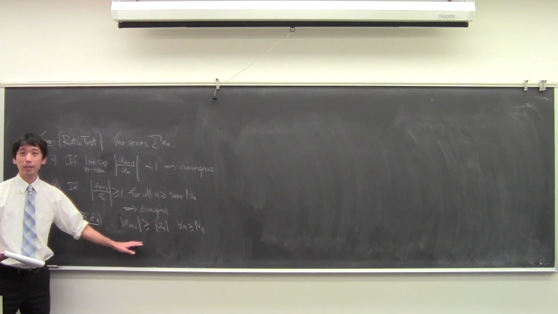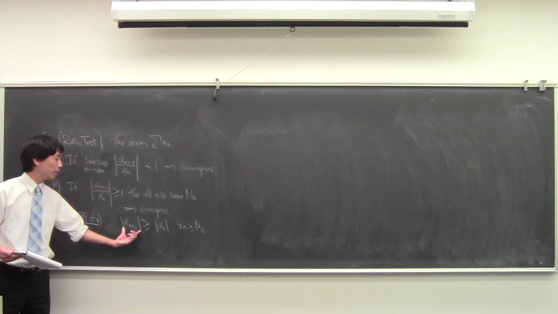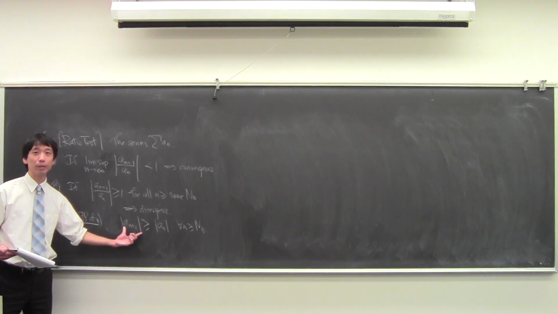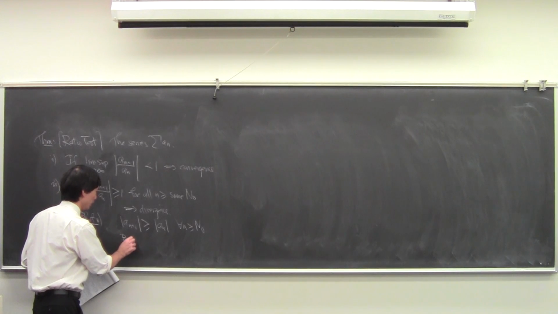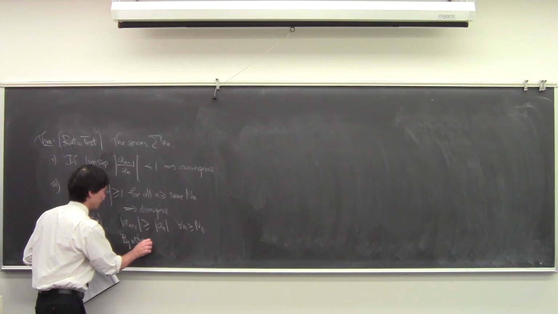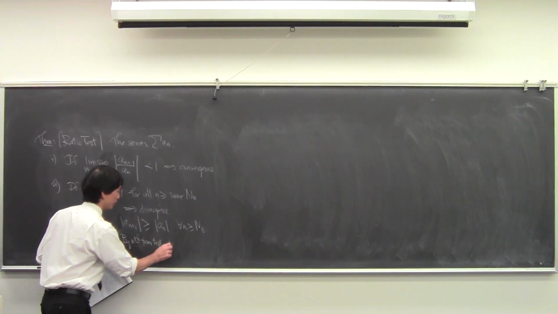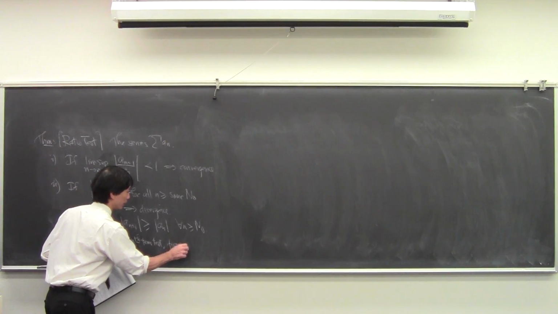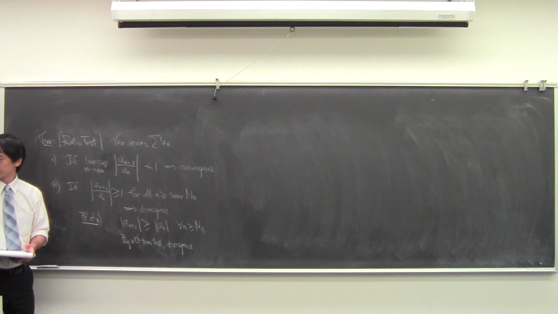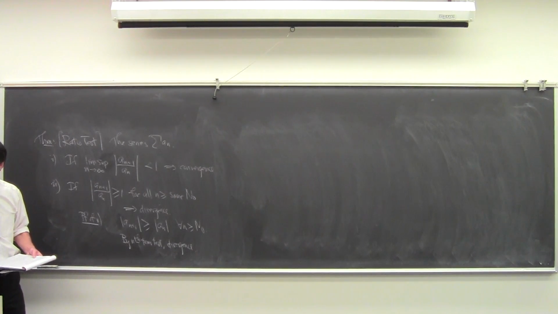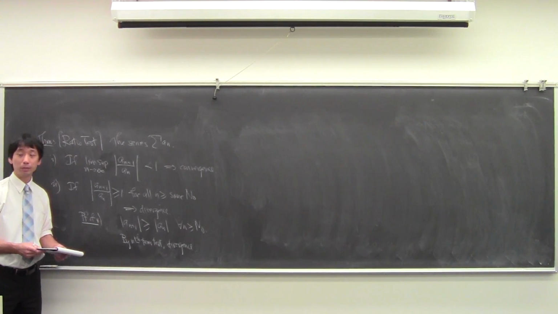And that's trouble, because then the size doesn't go to 0, and so you diverge. So again by the nth term test, you have divergence. So that's easy.